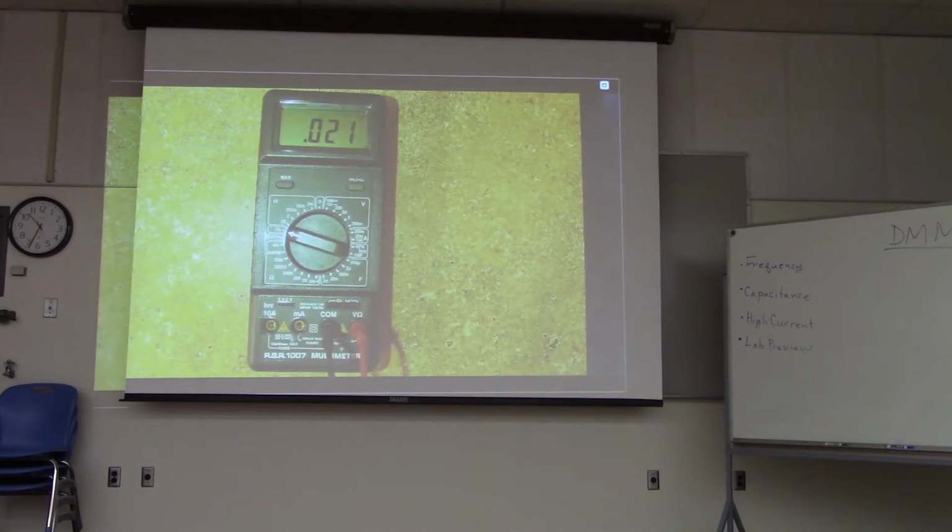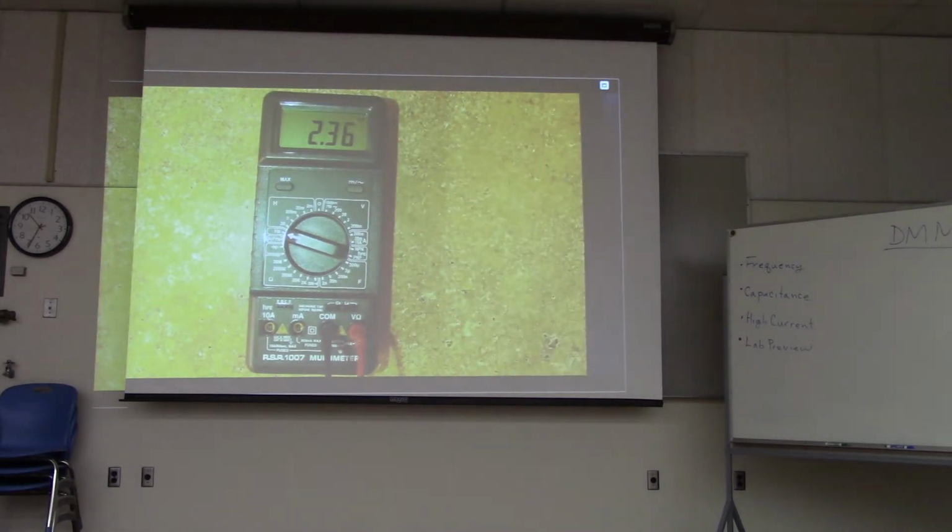So we're going to hook the black lead of the meter to the black lead from the function generator, and then the red leads together, and then we're going to turn the function generator on, and the meter shows us the frequency that's coming out, right? So this says 2.36 or 2.37 kilohertz, okay?